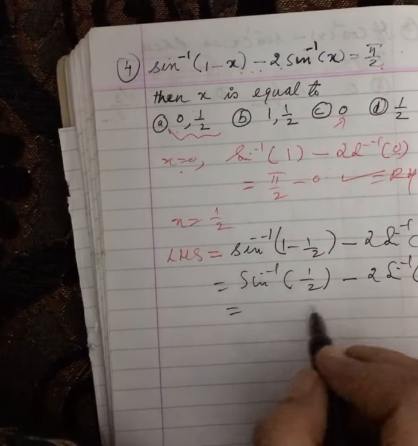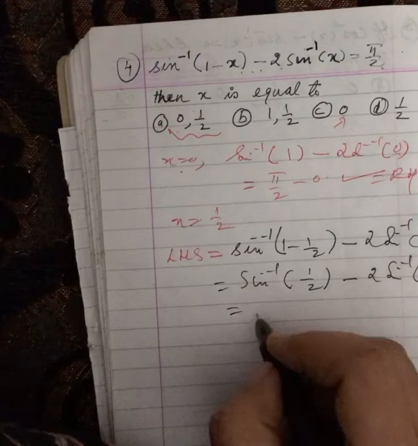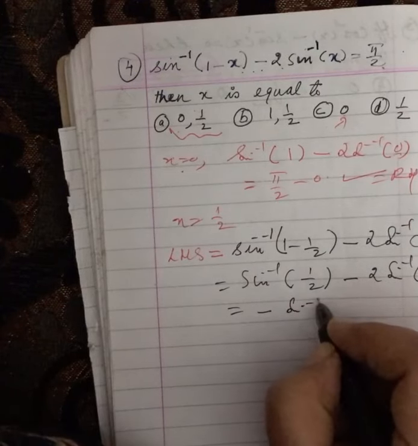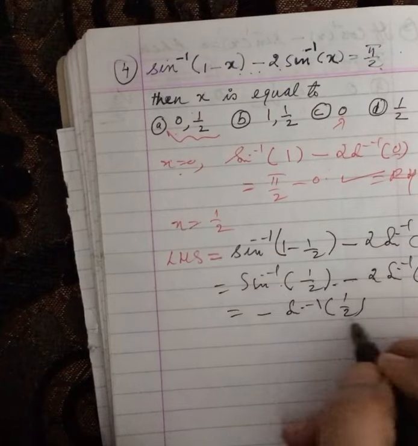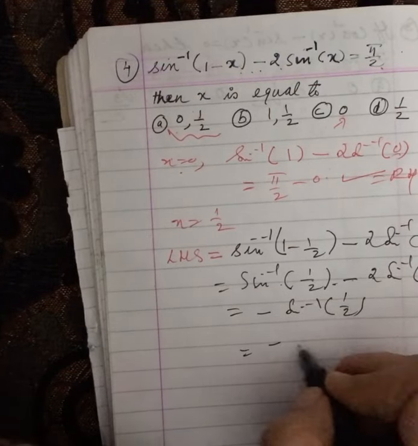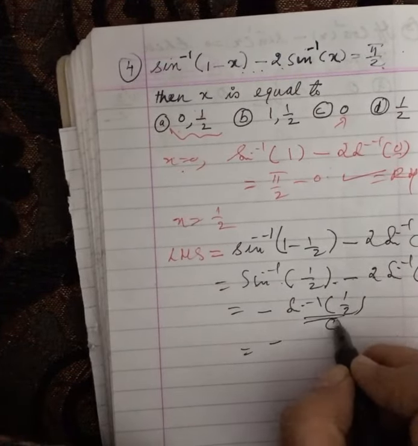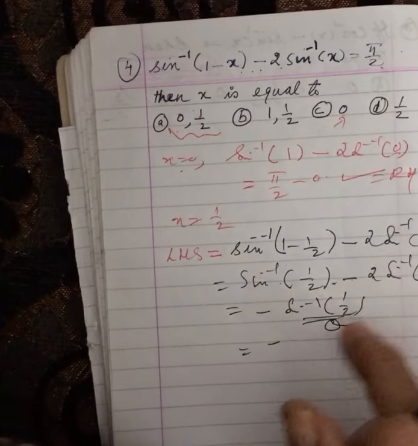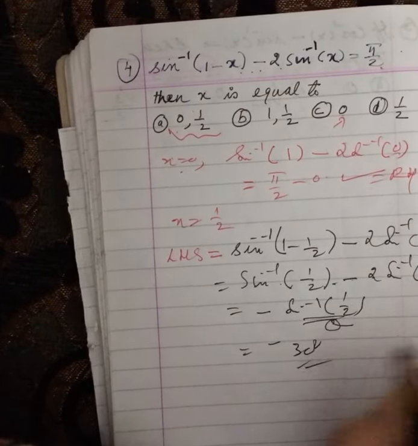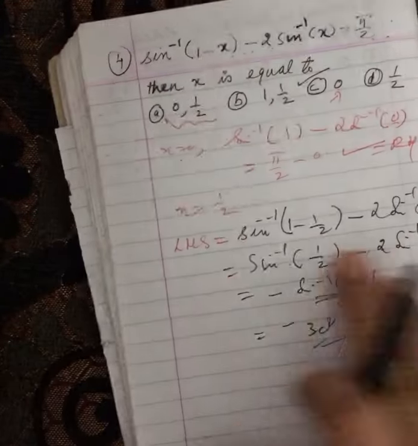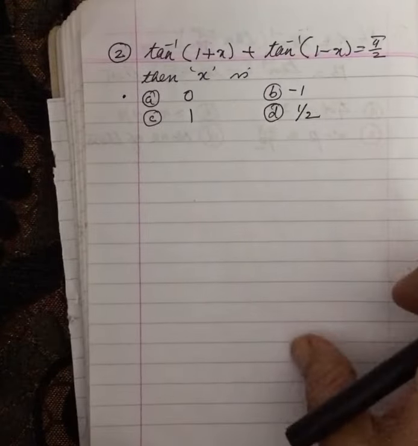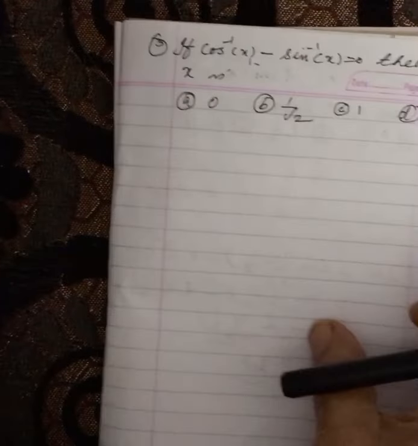So it is minus sine inverse half, right? Sine of which angle is half? Sine 30 degrees. So it is minus 30 degrees, it's not satisfying the right hand side. So your answer is 0. So instead of solving it, sometimes you can do like that also.